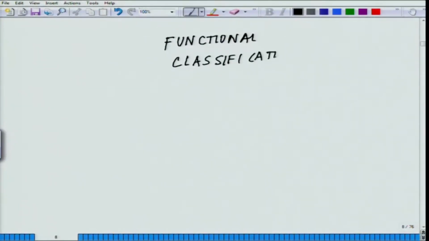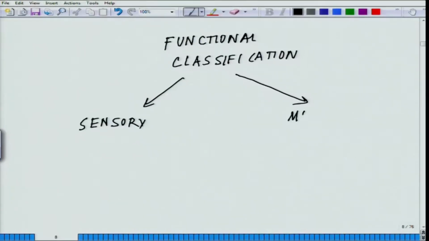So, in the functional classification we have two forms of classification. They could be sensory, they could be motor. Within the sensory they could be very specialized ones, which are involved in the special senses, something like the rods and cones, which are sensing light and colors.